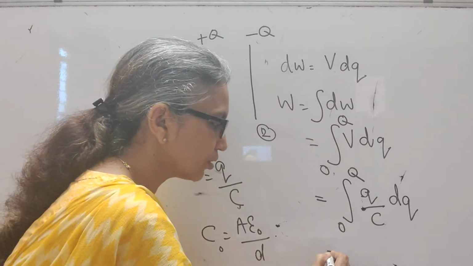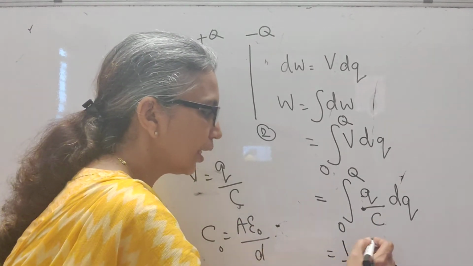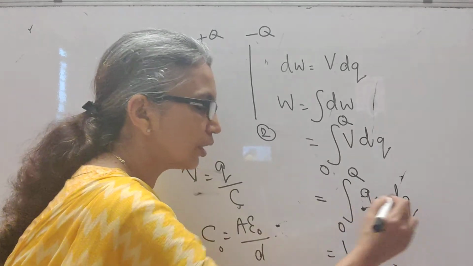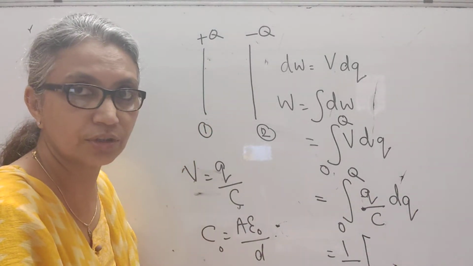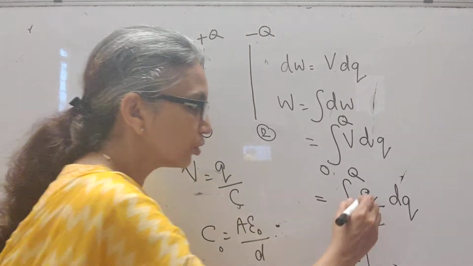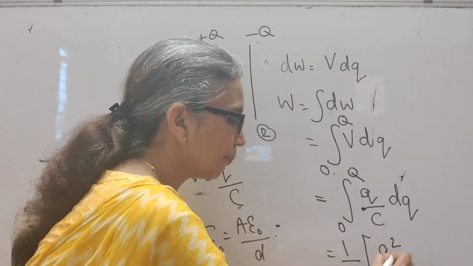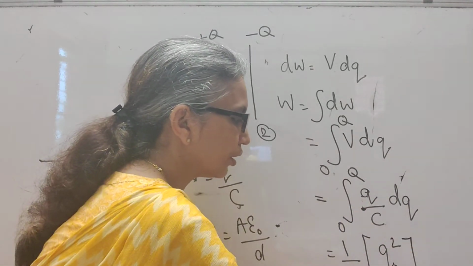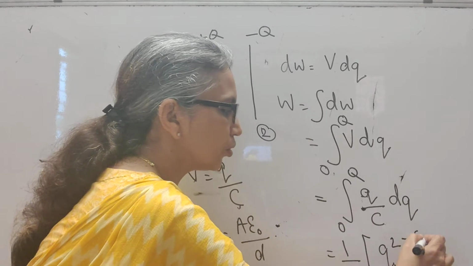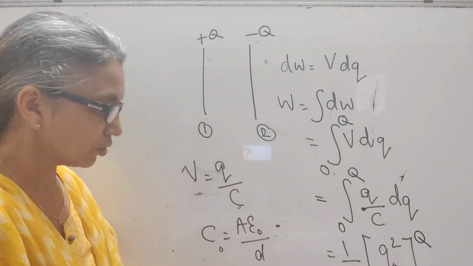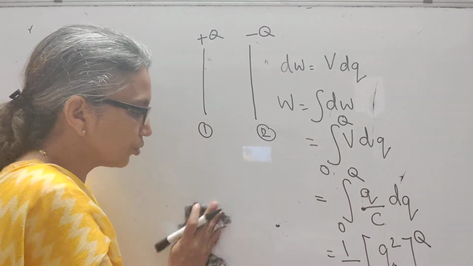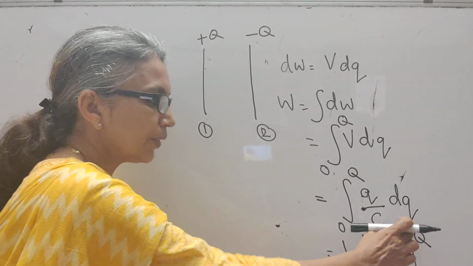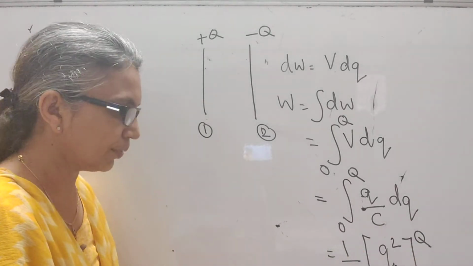So I take the constant outside, and the integral of q dq, like integral x dx which I have already taught you is x square by 2, will be q square by 2, where you go from the limit 0 to capital Q. Then we have substitution: take the upper limit first minus the lower limit.